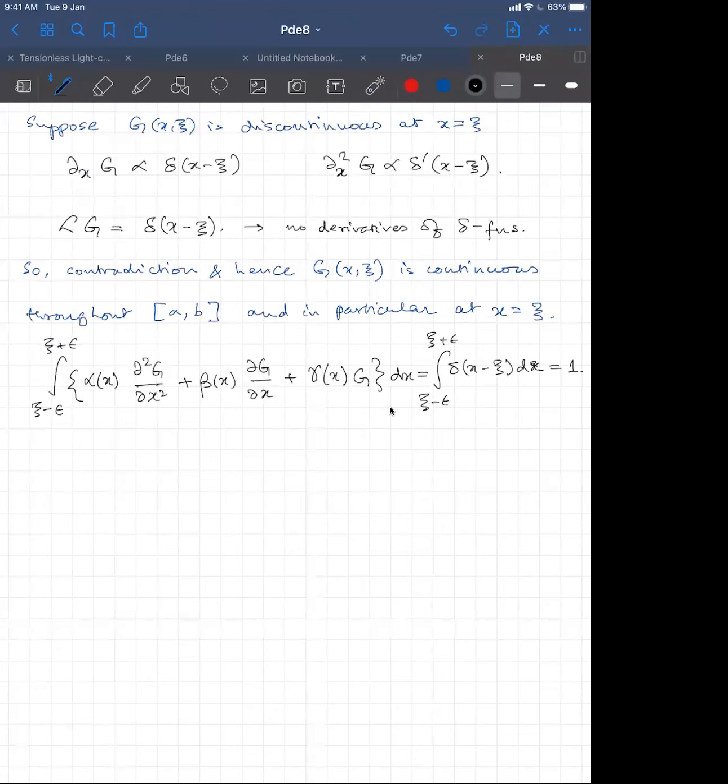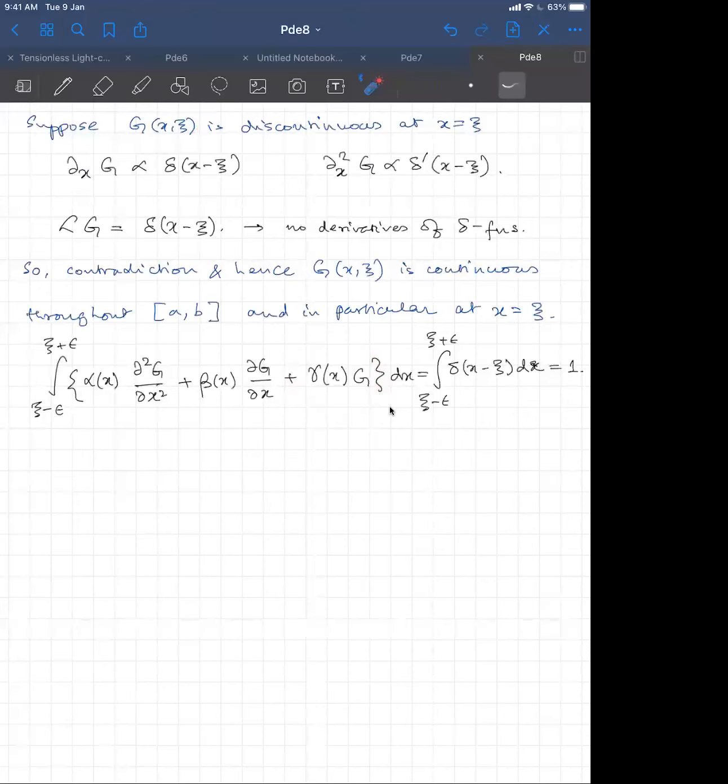So now let's examine this a little more carefully. Remember that g of x, psi is continuous, and alpha, beta, and gamma are bounded. So this final term cannot make any contribution if we make this integration region smaller and smaller.